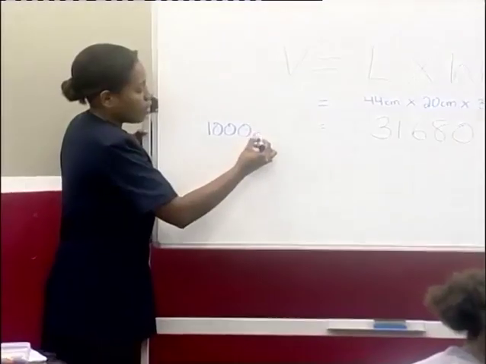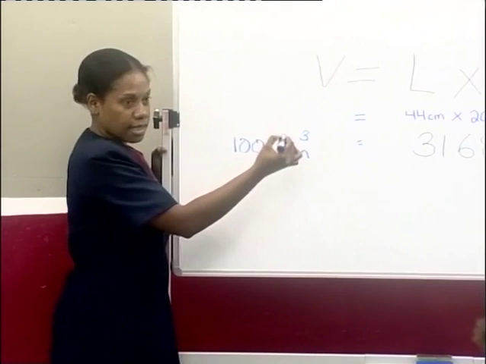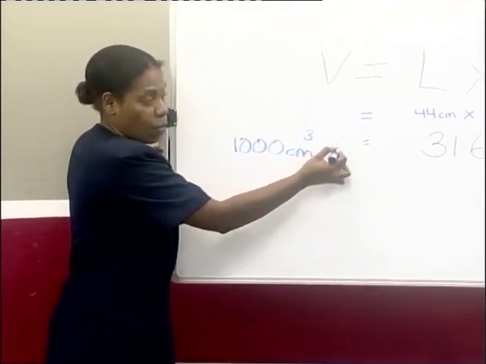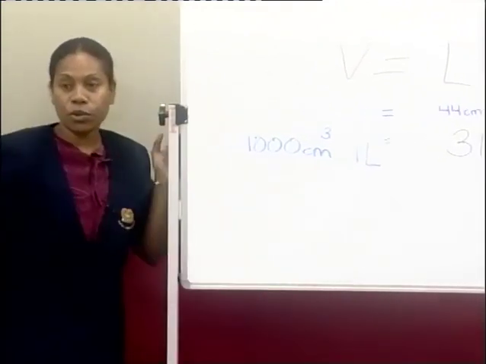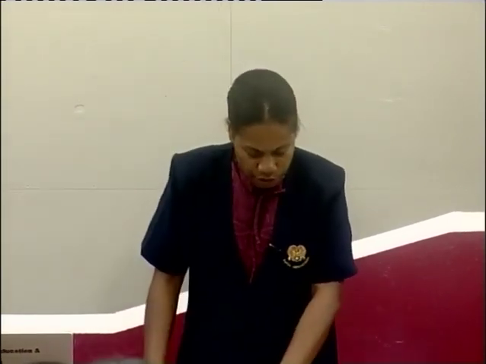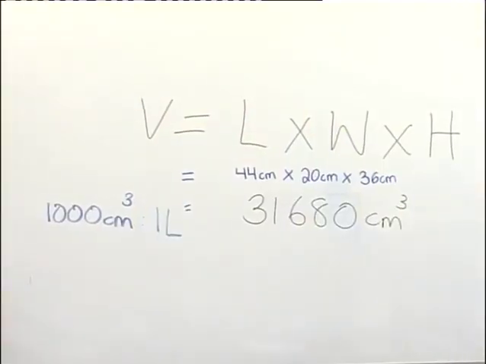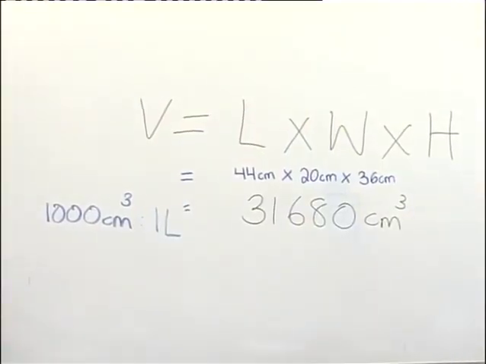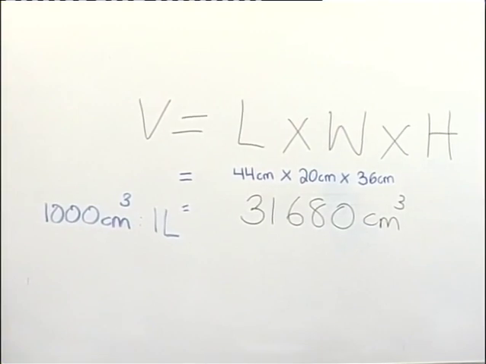Okay, 8Os and receiving students, did you get that? All right, 1,000 cubic centimeters is equal to 1 liter. Therefore, because the volume is 31,680 cubic centimeters, if it's in liters, we get 31.68 liters.